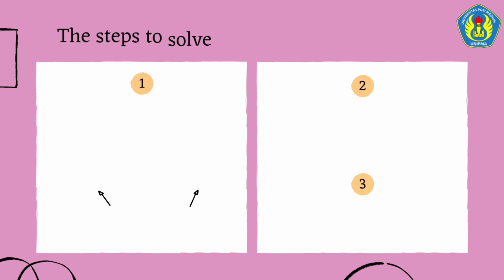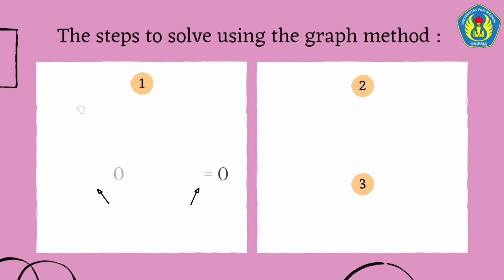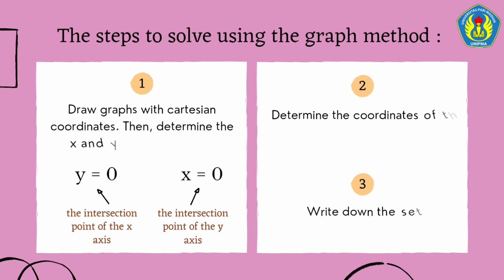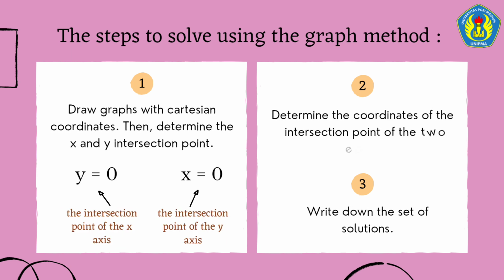The steps to solve using the graph method are as follows. The first step, draw a graph with Cartesian coordinates. Determine the intersection point of the x-axis and the intersection point of the y-axis.